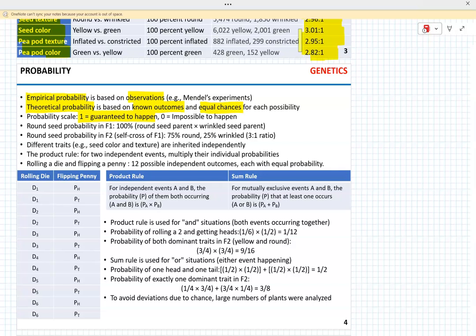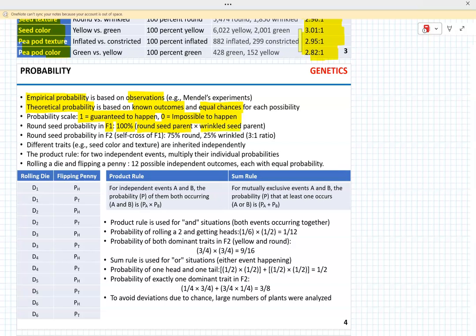If probability is 0, it is impossible to happen. So, round seed probability in the first filial generation, or violet flower probability in the first filial generation, is 100%, or 1, because it resulted from the cross of a round seed parent with a wrinkled seed parent.